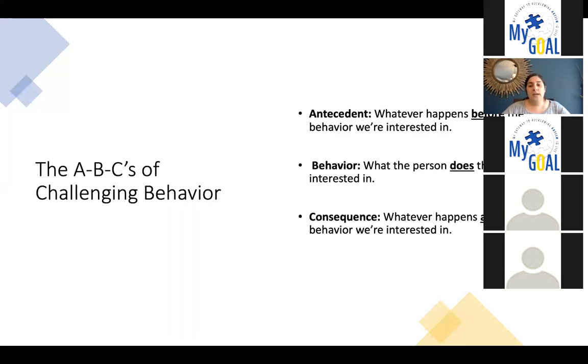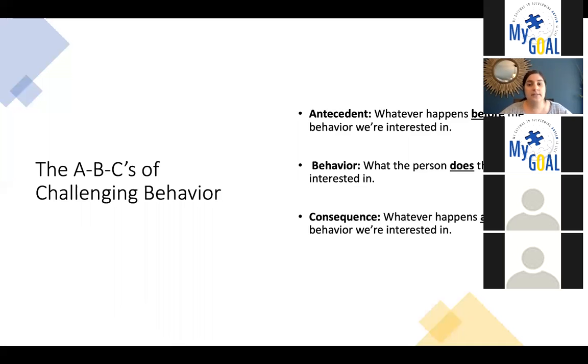The behavior is what the person is actually doing. What are we looking at? Is the behavior crying, whining, throwing things? What does that behavior look like? How can we describe it? And the consequences: what happens after the behavior? Consequences don't have to be bad.